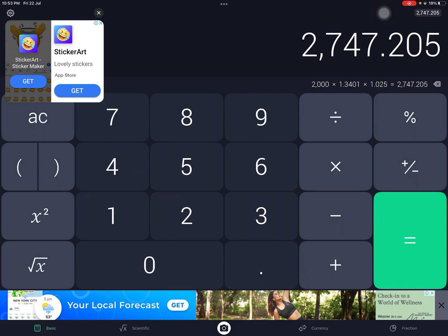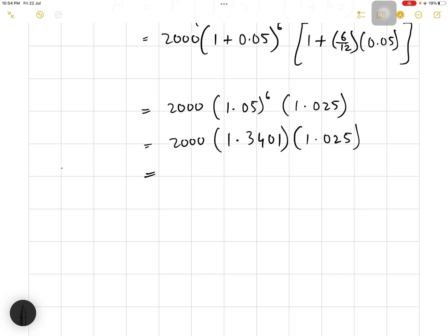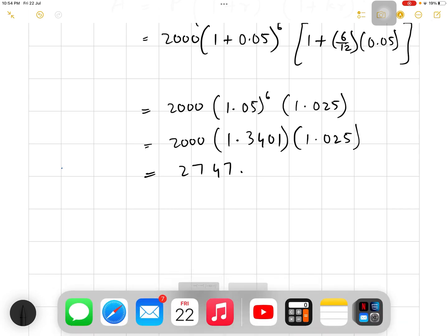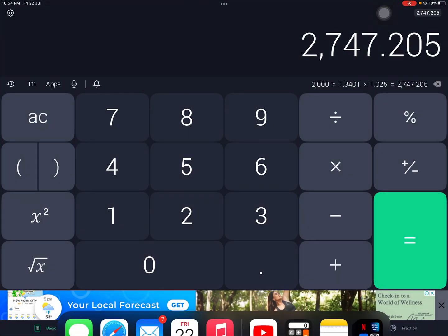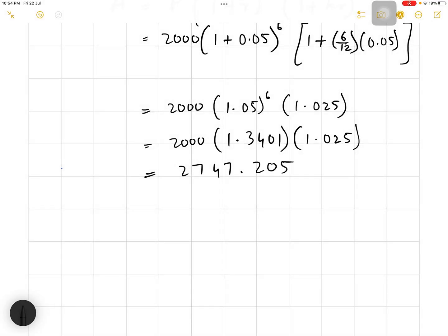It comes to 2747.205. The 205 you can ignore also.